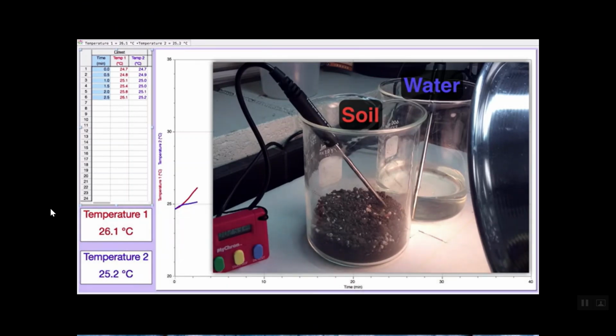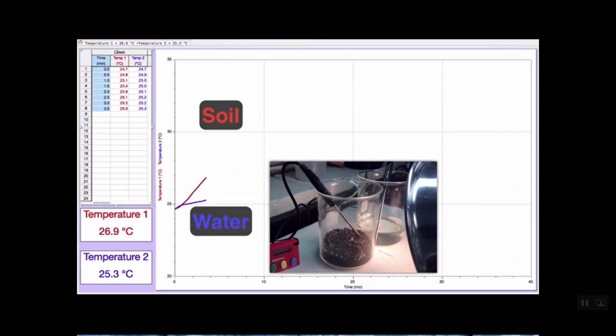The soil is in red, the water is in blue, and I already talked about how water has a high heat capacity. So it is going to be harder to heat water than it is to heat soil. And notice the soil heats up faster than the water does as we look at this experiment.